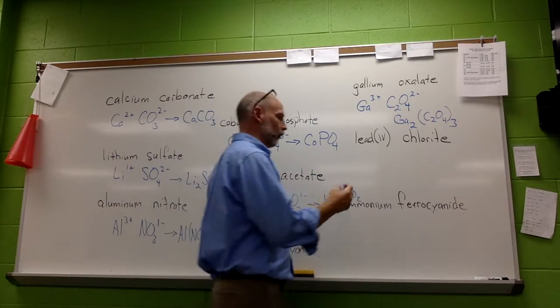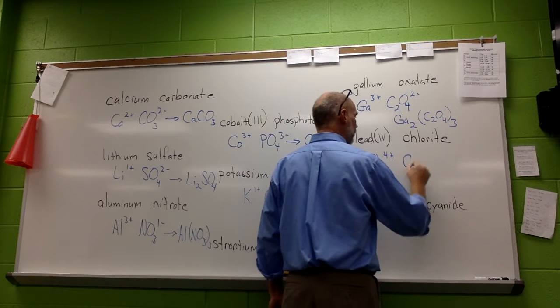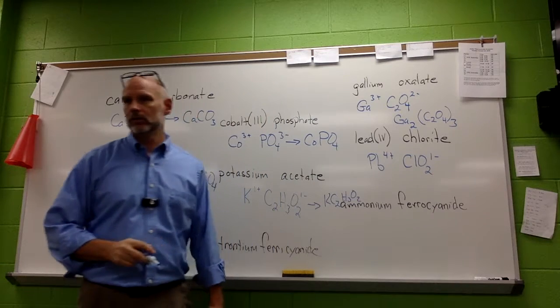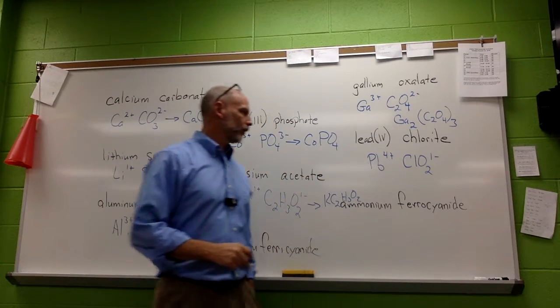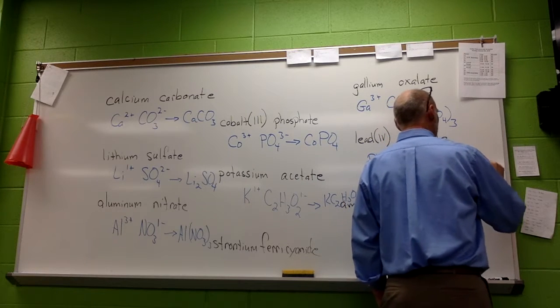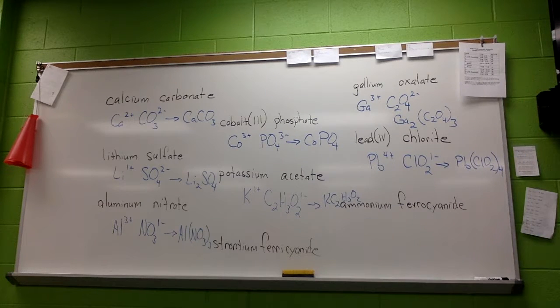Lead 4 chlorite. So we have Pb with a 4 plus. Chlorite is ClO2 with a 1 negative. Charges do not cancel. So we write Pb, ClO2 taken 4 times.